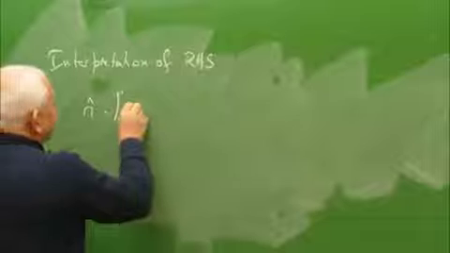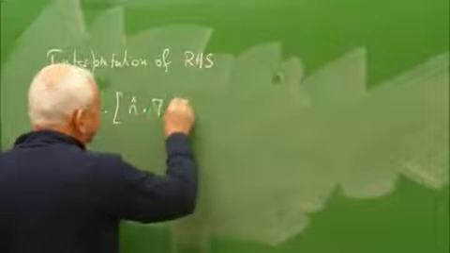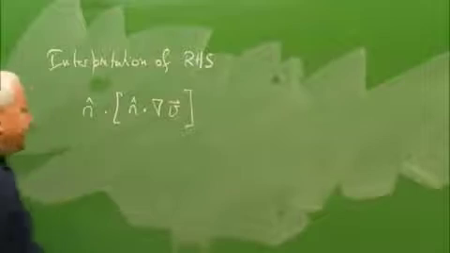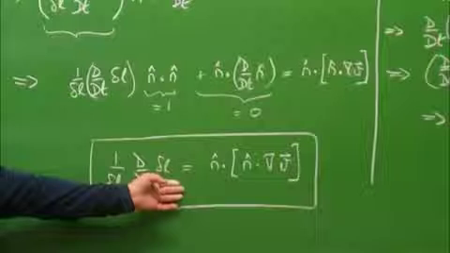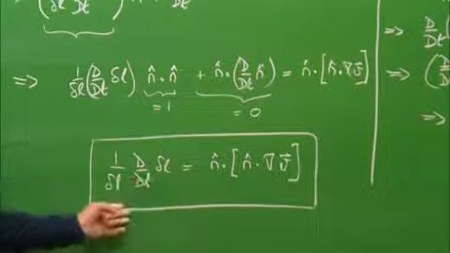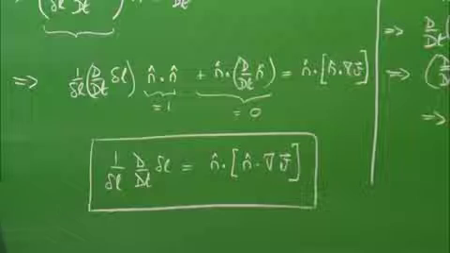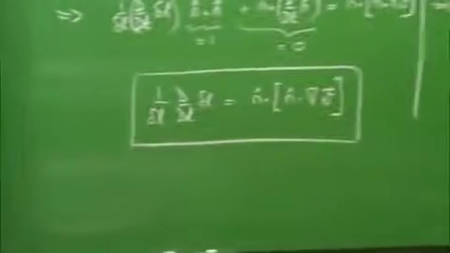So we have n hat dotted with lambda acting on the vector field V. What kind of quantity is this? Well, if you look at the left-hand side, delta L is a scalar. The rate of change of a scalar with respect to time is a scalar, divided by a scalar, it's a scalar quantity, isn't it? So this is a scalar quantity.